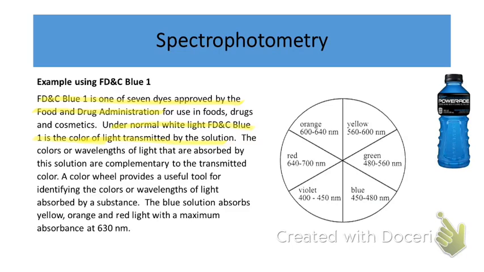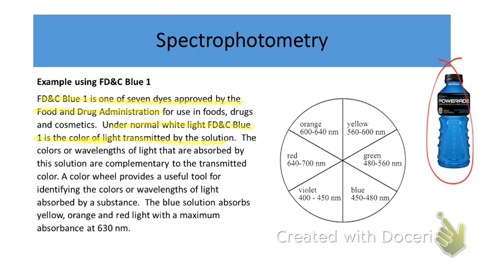So Powerade, or this particular Powerade that's in our picture here, is made up of blue dye number 1, or FD&C Blue 1. And so that molecule in that Powerade transmits blue light to us, so we see it as blue.